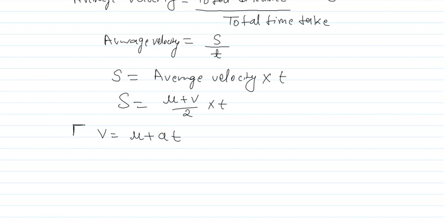So this will become u plus, we have to put the value of v here. So v is just u plus at, upon 2 into t.